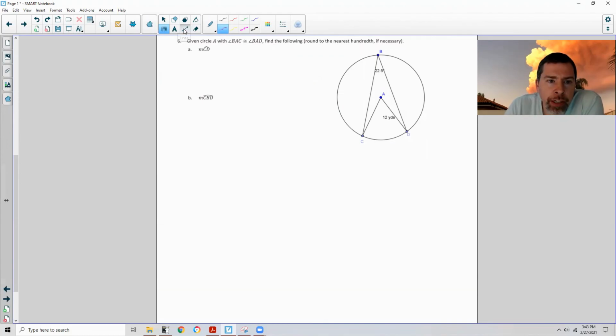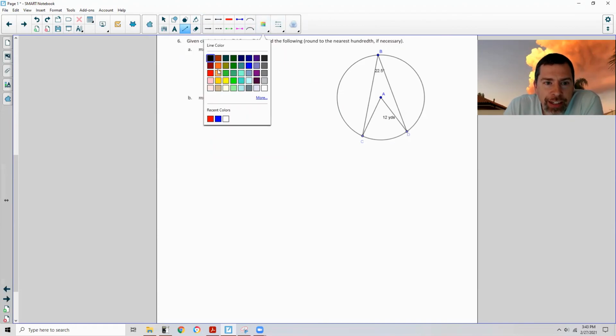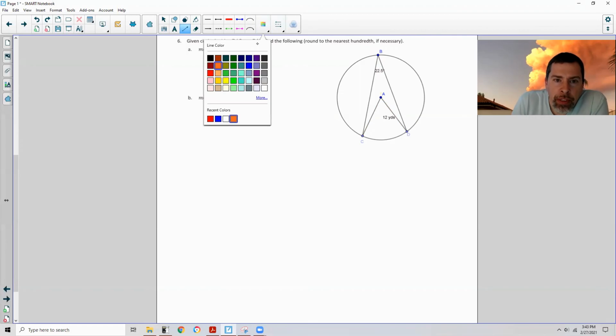In order to have an angle BAC, you would draw a line from B to A and down to C. Unless this is what they meant, is congruent to the measure of angle BAD. Anyway, I'm not sure what they mean, but let me see if I can come up with some stuff here to help you out in this problem that I think there might be a misprint in.